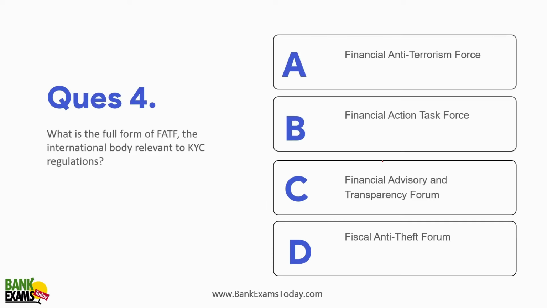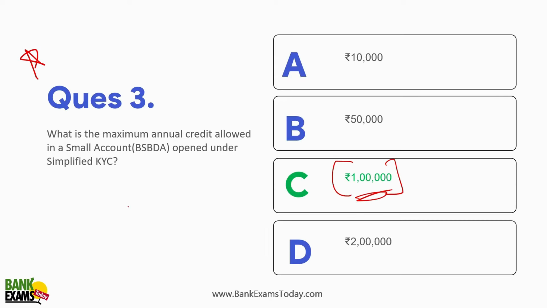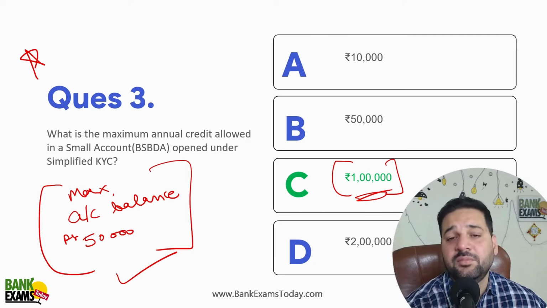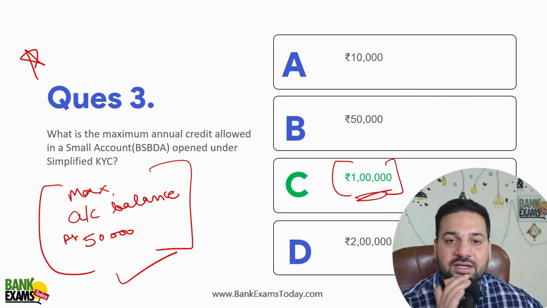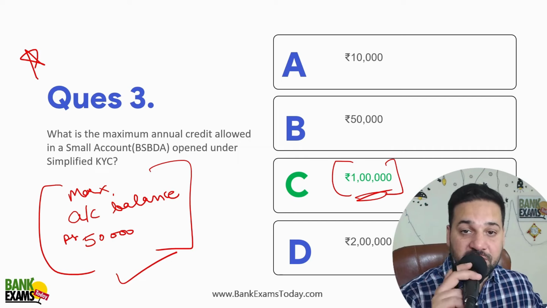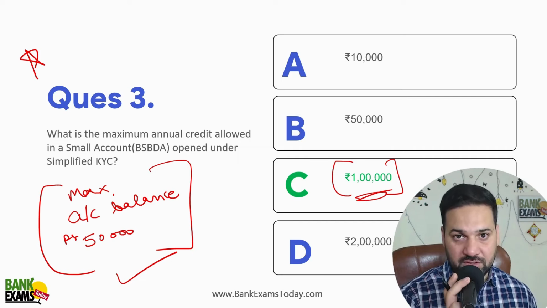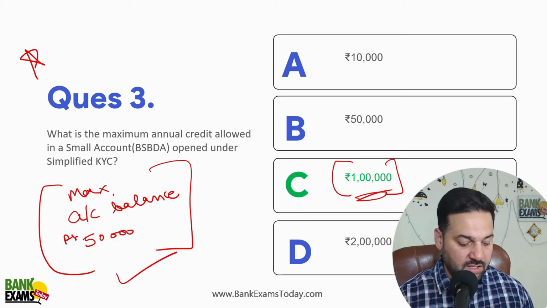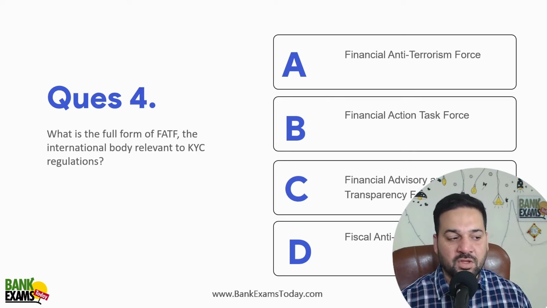And the maximum account balance in the BSBD account at one time can be ₹50,000. यह क्वेश्चन नहीं बना है, but this is really important from an examination point of view, याद रखिए. क्रेडिट ट्रांजेक्शन्स 1 लाख रुपए एक साल में आप जमा करवा सकते हैं और 50,000 रुपये का मैक्सिमम अकाउंट बैलेंस हो सकता है. इससे ज़्यादा आप अकाउंट बैलेंस नहीं रख सकते. Okay, let's move forward with question number 4.